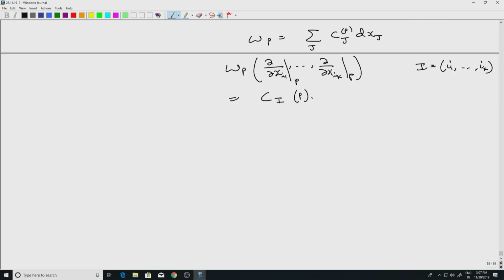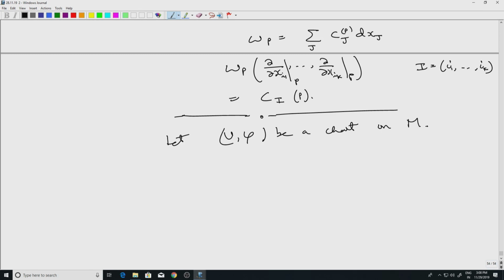So that takes care of open sets in Rn. And in the manifold setting, now let (U, phi) be a chart on M. Again, just like we had a basis for the tangent space, given a chart, we get n linearly independent vector fields defined on U. Since the dimension of the tangent space is also n, these n vector fields form a basis.